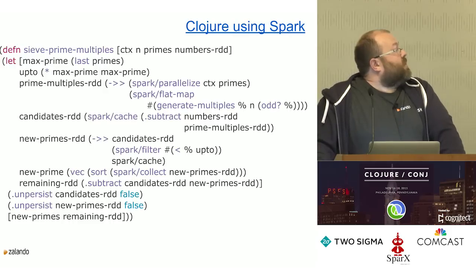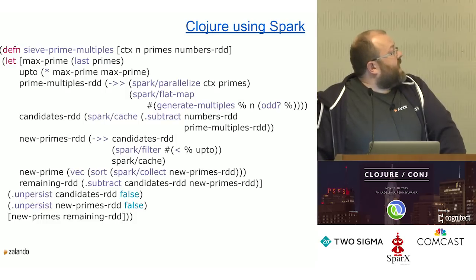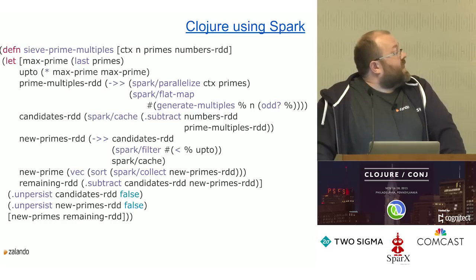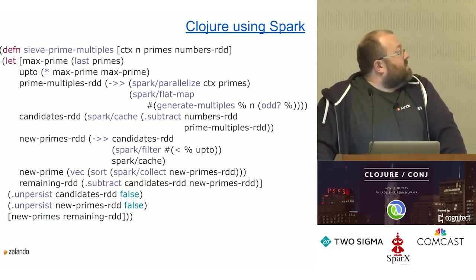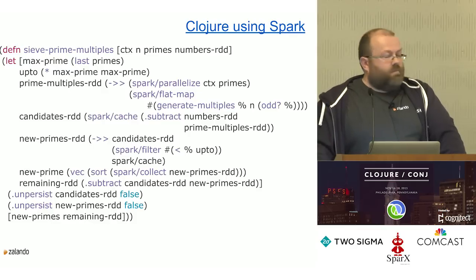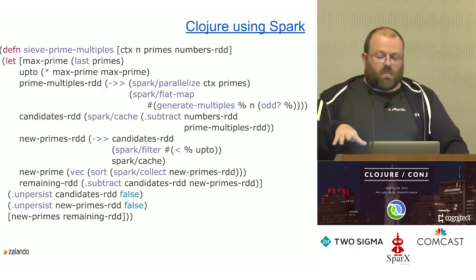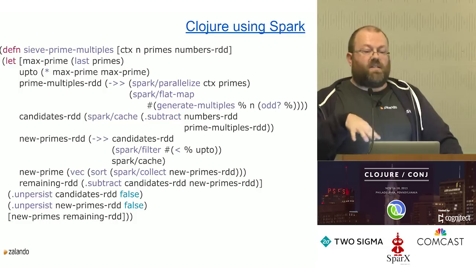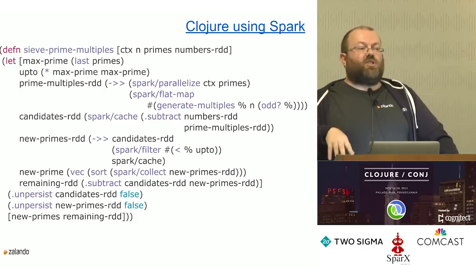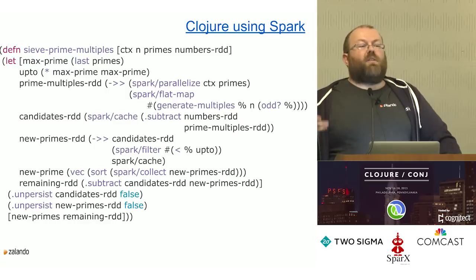And basically, we generate the multiples and filter them out. So our candidates then, we subtract out of the numbers we have the prime multiples that we've seen. We cache that because in Spark, when you create one of these operations, if you don't cache it, it'll do it again if you reference it again.